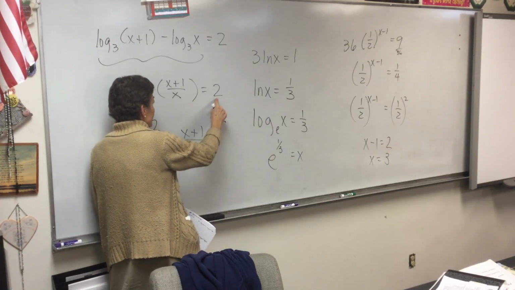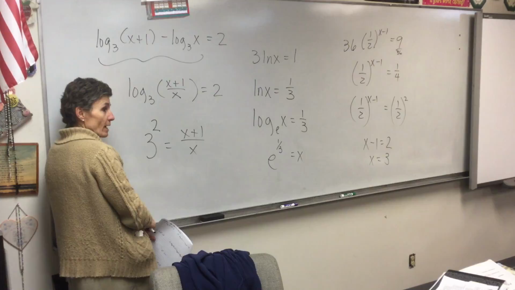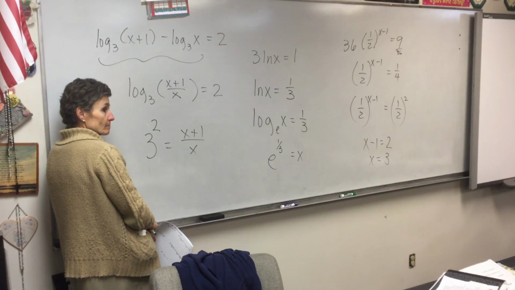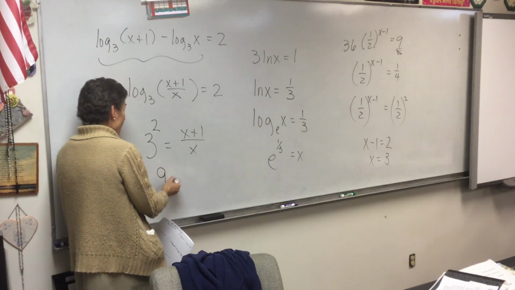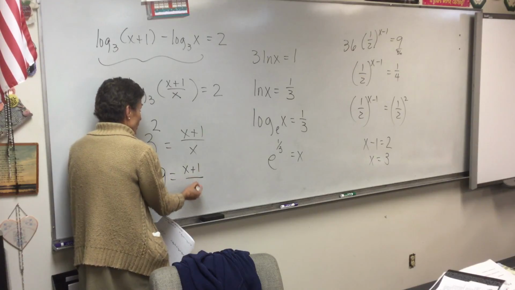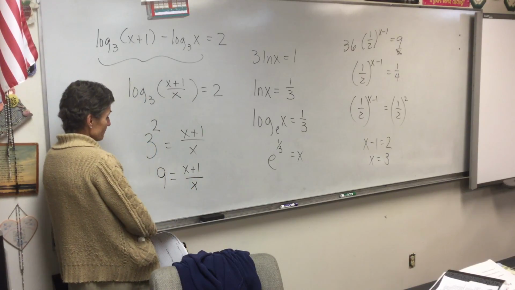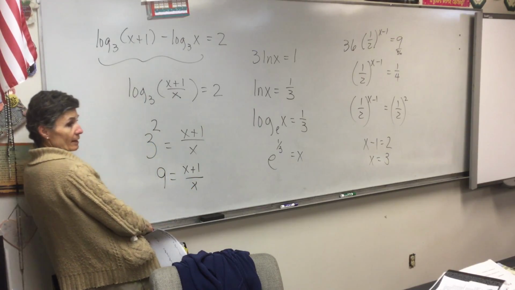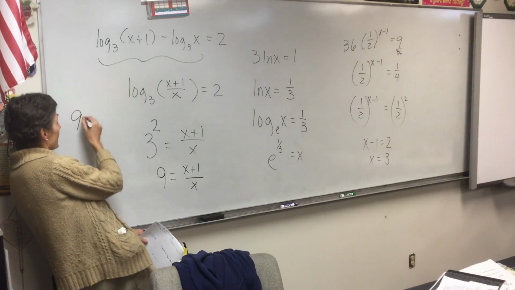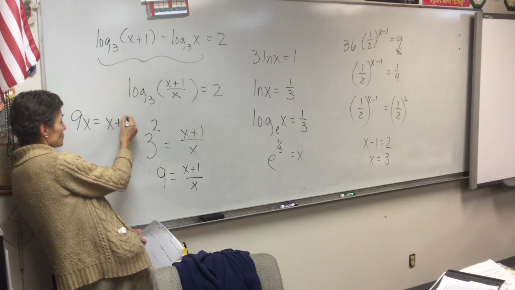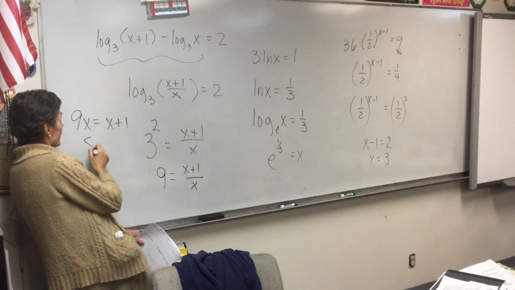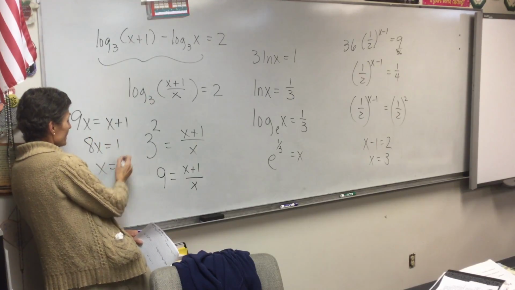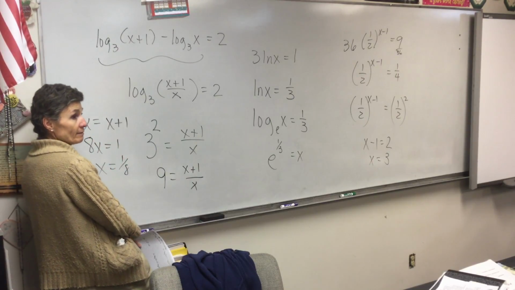So 9 equals (x plus 1) over x. How do I solve that? Multiply by x. So 9x equals x plus 1. 8x equals 1, and x equals 1/8.